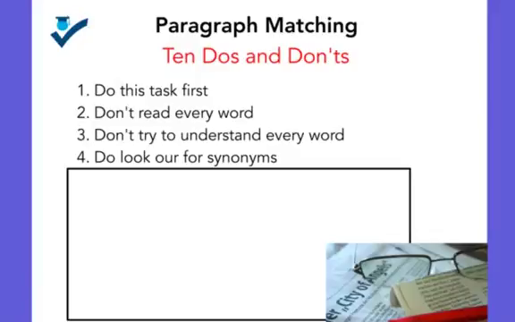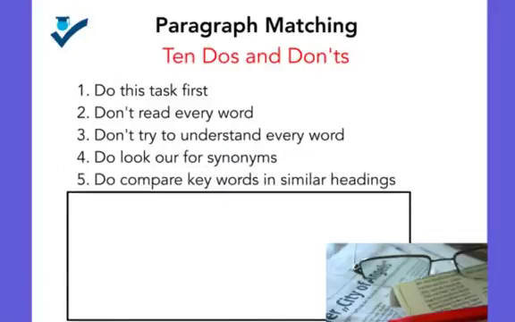Next thing that you need to do is to compare keywords in similar headings. This is where a lot of people are stumped. They see a couple of headings that look very similar to each other and get very confused, and then they panic.